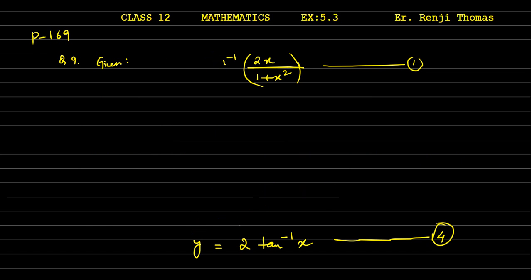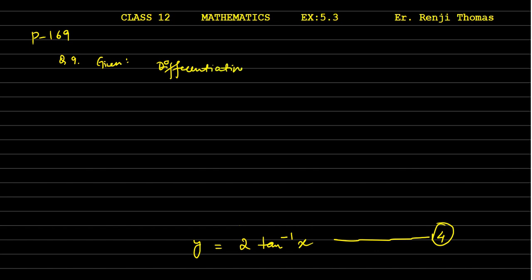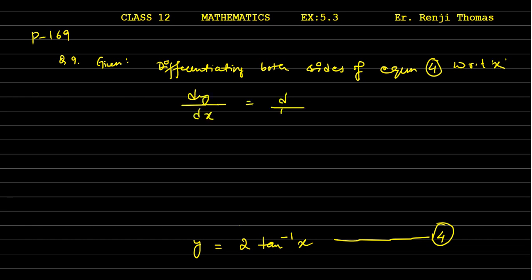So my dear students, what we will get here is, differentiating both sides of equation 4 with respect to x, dy by dx is equal to d by dx of 2 tan inverse x. 2 is a constant, bring out 2 d by dx of tan inverse x.